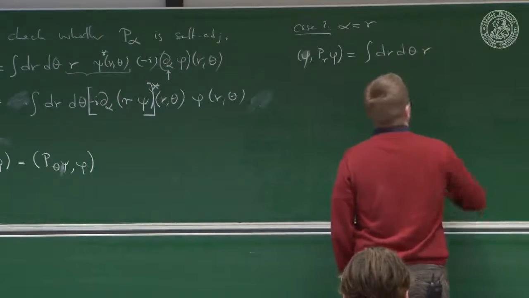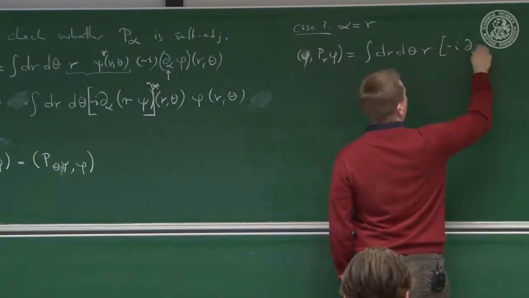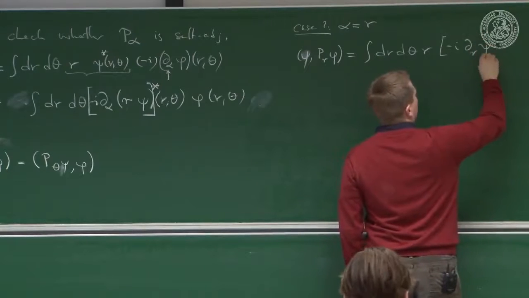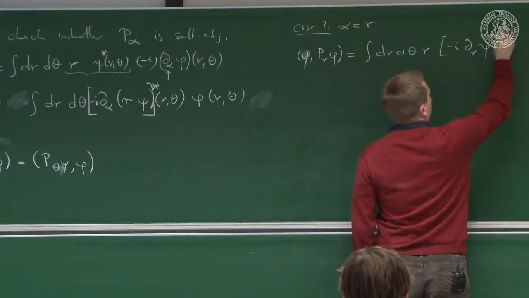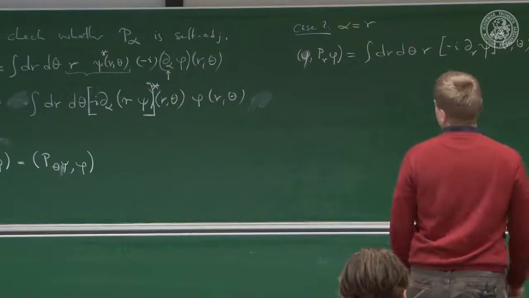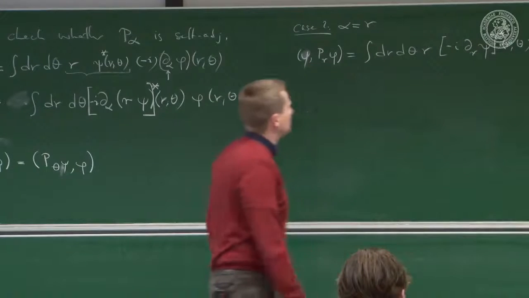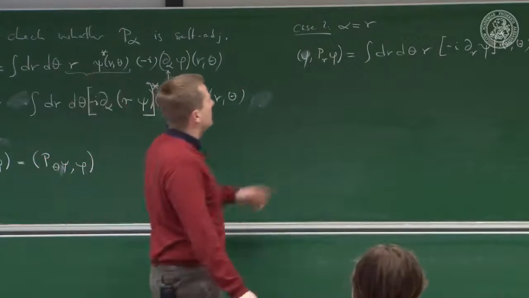So I do not act on the r. Then I have minus i ∂_r acting on ψ, the whole thing being starred and the function of r and θ, and φ of r and θ. So that's good. So that's exactly what we want.